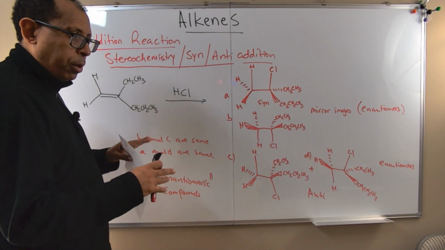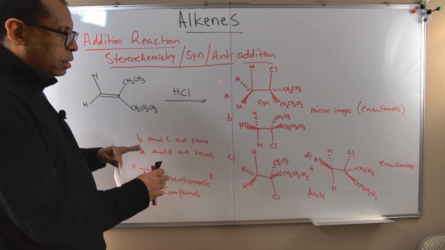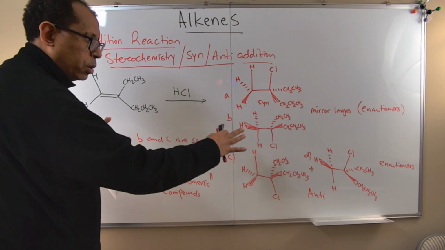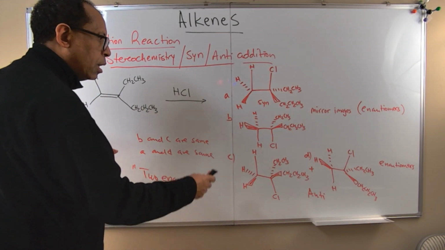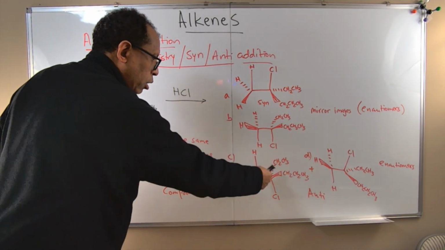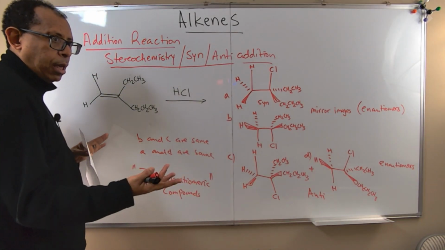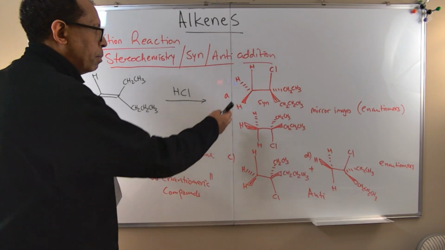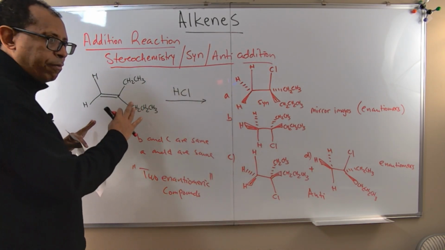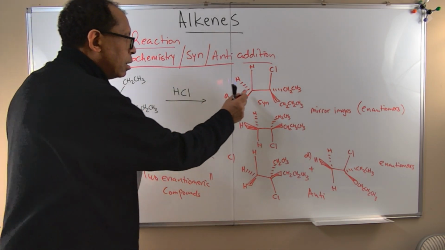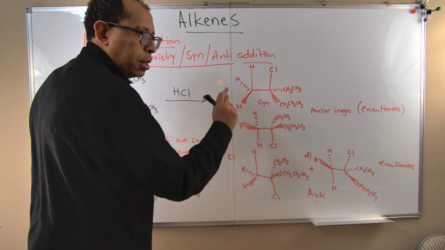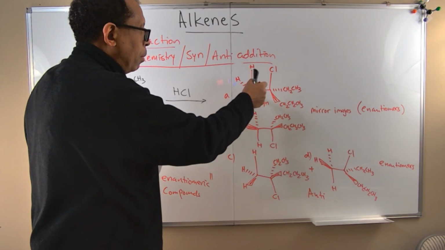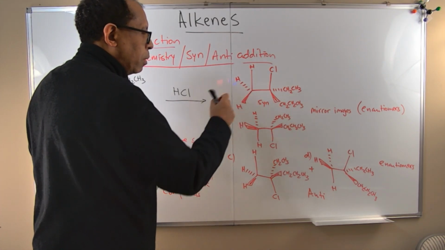Usually in an exam or in exercises, you make sure that you display everything. Once you are done showing all of the possibilities, then check what the relationships are. They could be the same, they could be enantiomeric compounds, they could be diastereomeric compounds. But here, this is simplified because at least this carbon is not a stereocenter, because it has 3 of the same things on it. So that cannot be a chiral center.